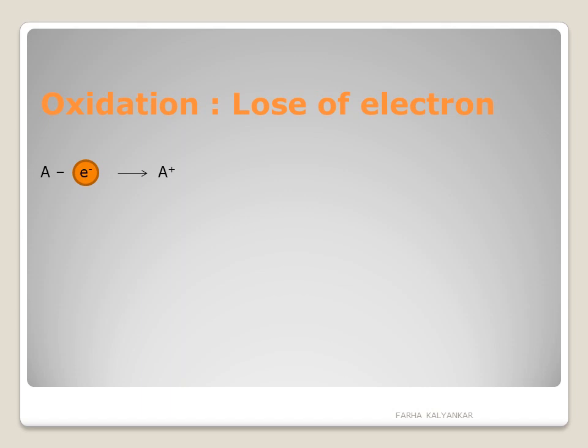In this example, we have an atom B of another element who is accepting this electron. Here, B is acting as an oxidizing agent, which helps in the process of oxidation by gaining the lost electron.